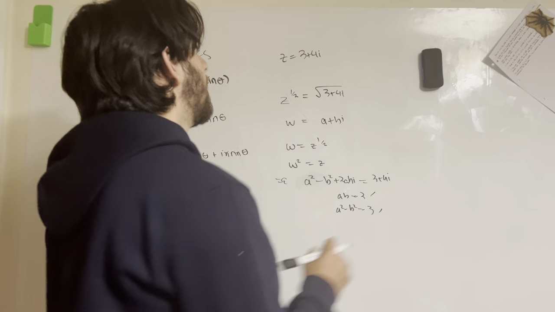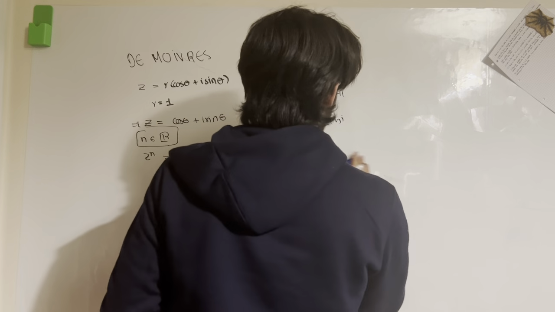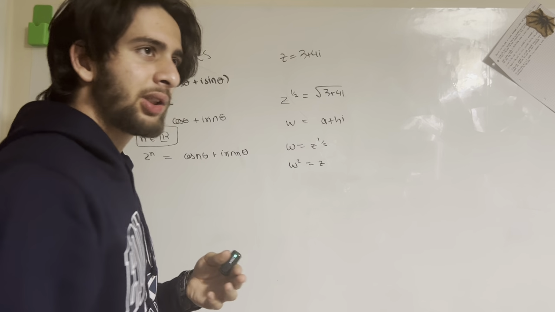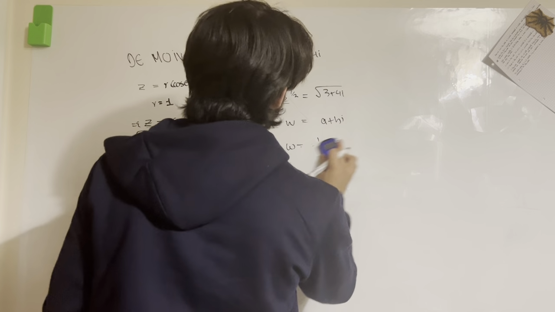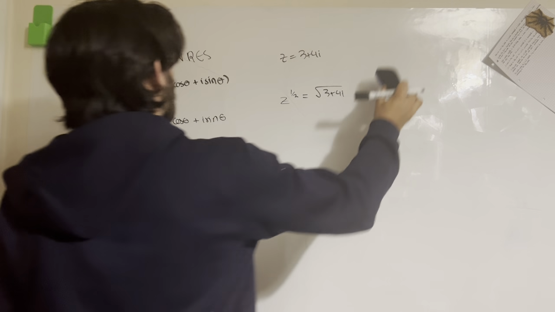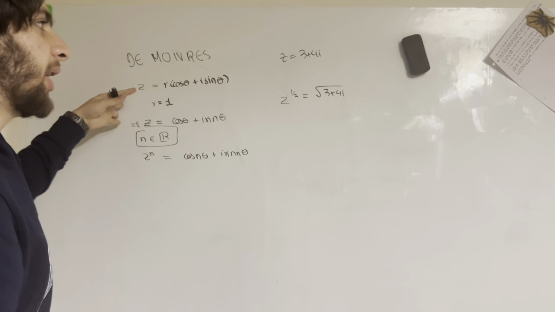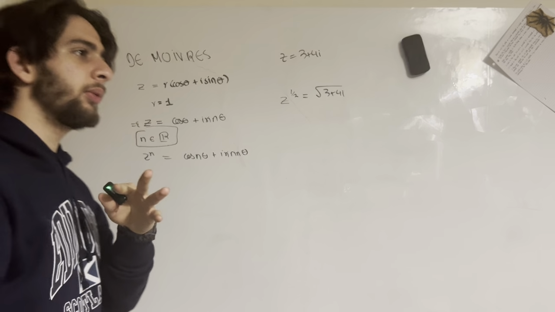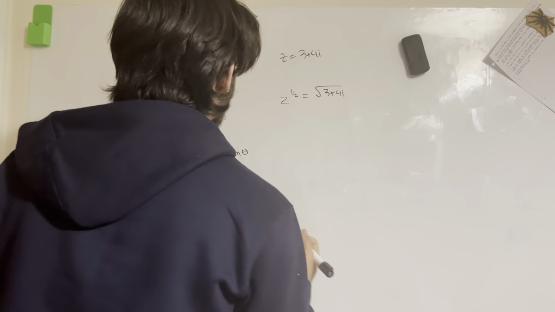All well, all good, but there is a more elegant way in which you can calculate not only square roots, but cube roots, fourth roots, fifth roots. Ultimately this is a general method where you just apply de Moivre's theorem, and it will compute for you any root very, very quickly and efficiently.